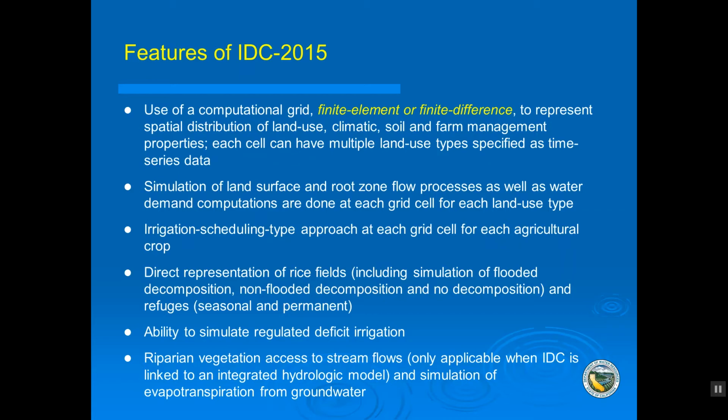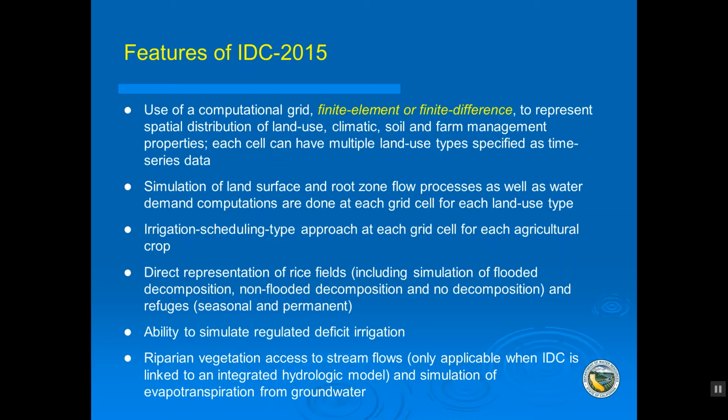But we don't use the finite element method or finite difference method to solve the equations. We just use that grid to represent the spatial distribution in the input data. This can be your land use, precipitation and climate data, soil properties, irrigation management. We basically use that grid just to represent the spatial distribution of the input parameters.